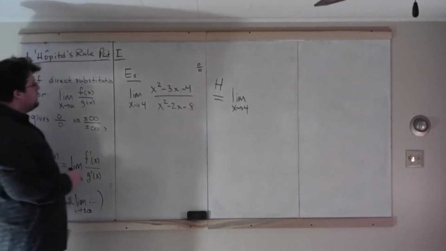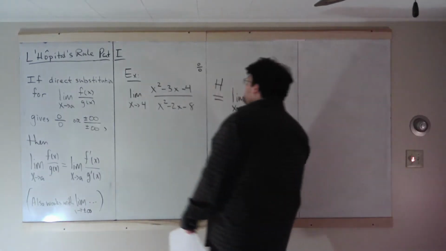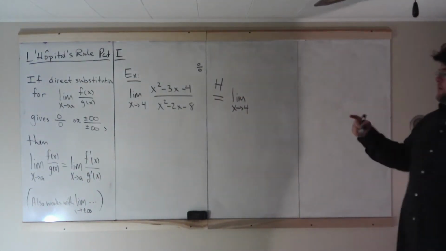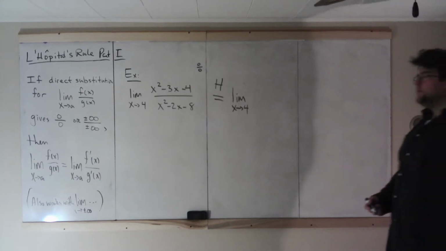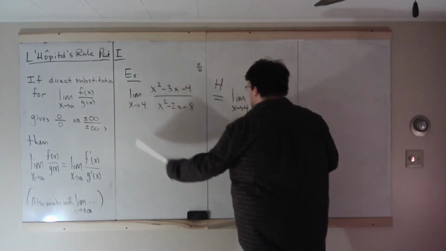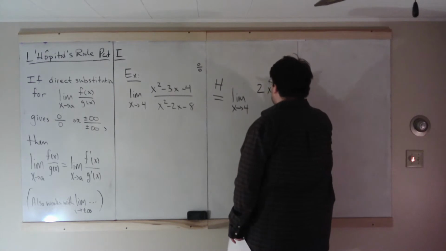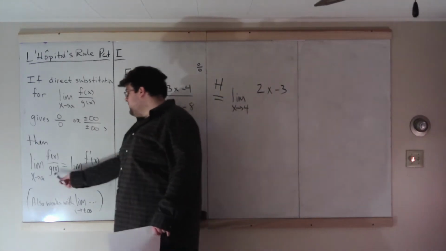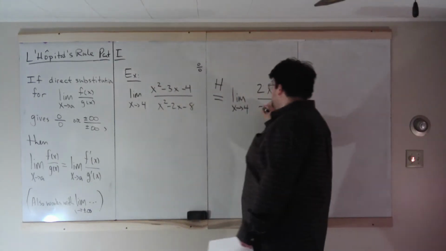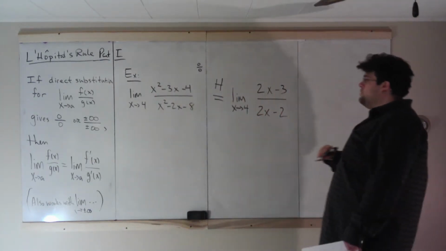The rule says the limit of the quotient is given by the limit of the quotient of the derivatives. The derivative of the top is 2x minus 3. The derivative of the bottom is 2x minus 2.